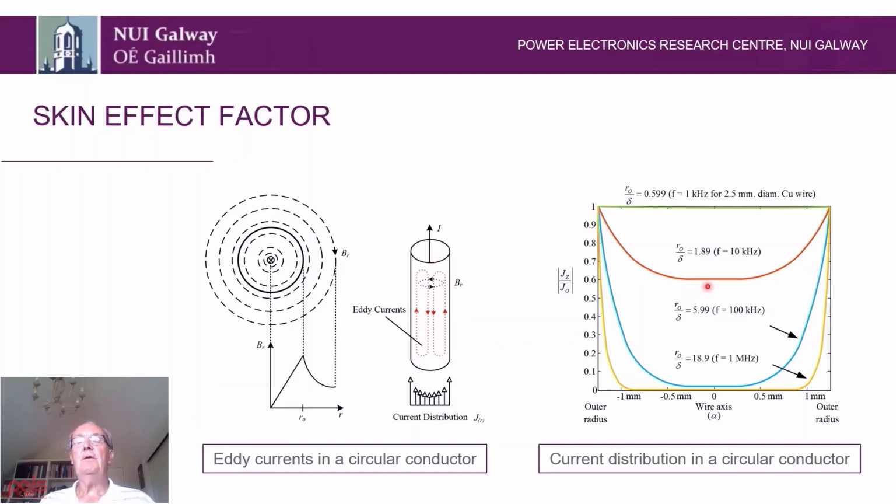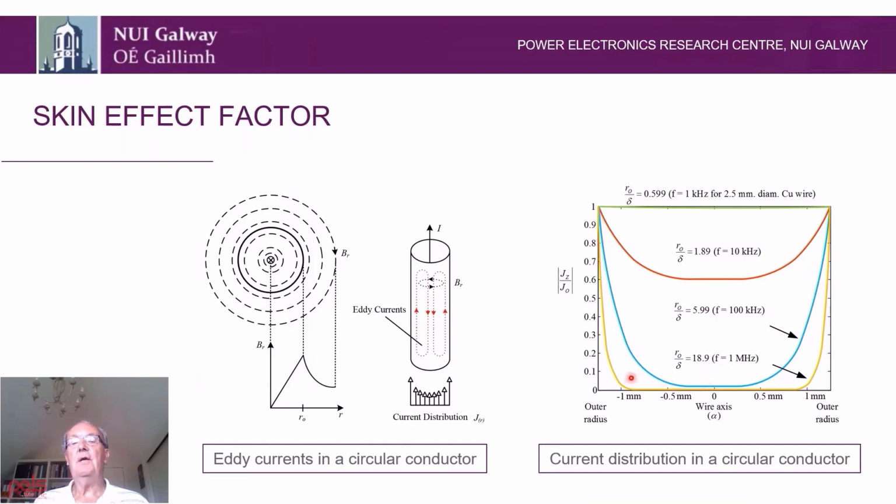Perhaps we can look at it in more detail here. Here's a typical copper conductor cross section. Here's the center and here are the outsides. So at low frequencies, in this case 1 kilohertz, the current density is constant across the conductor. If I increase the frequency now to 10 kilohertz, we're going to suppress the current in the middle and increase it on the outside. And then when I go to 100 kilohertz, that phenomenon becomes more dominant.